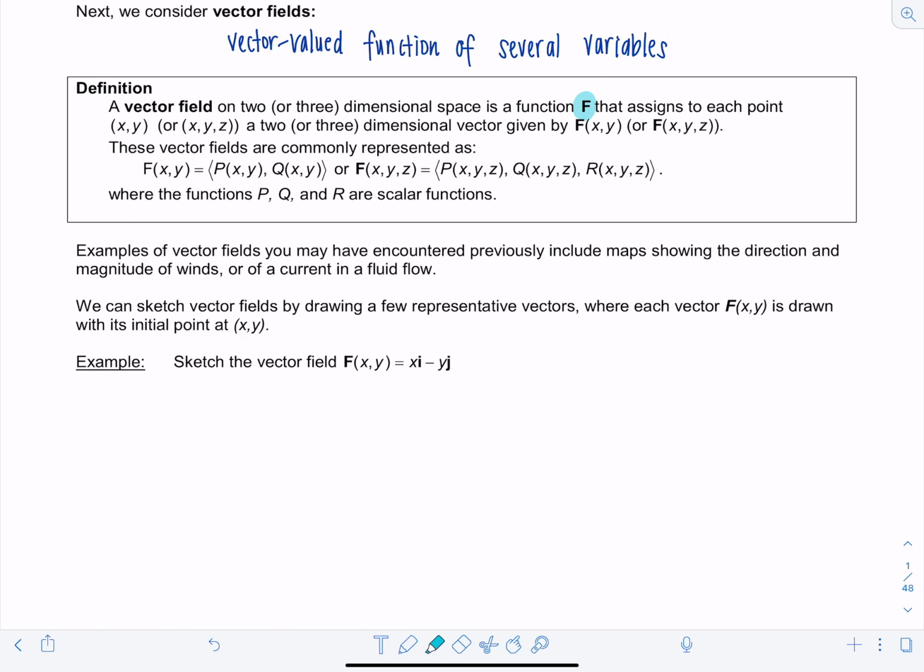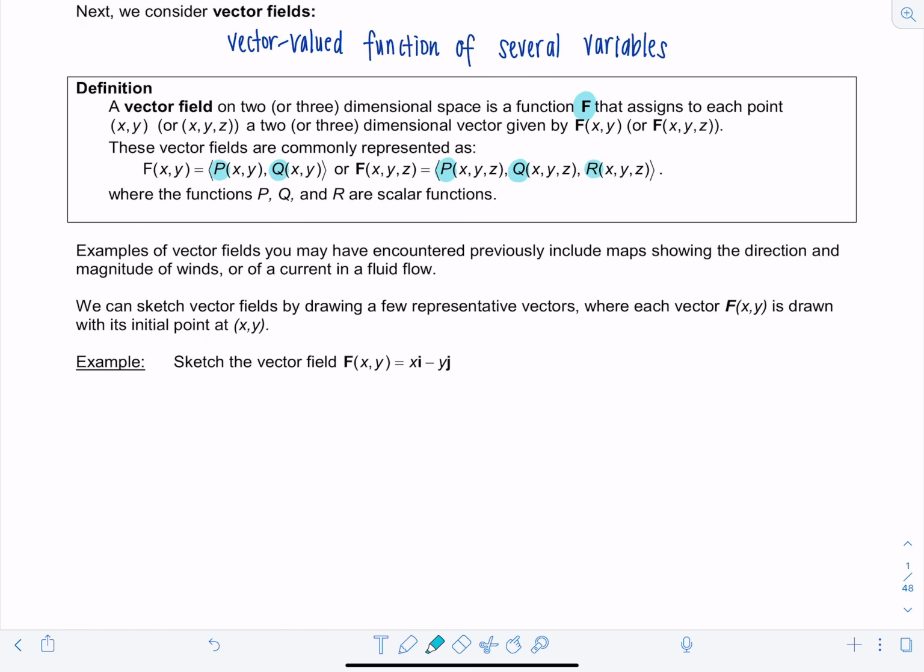And these vector fields are commonly represented in the following form. So each of the components themselves is a real valued function of several variables. So we can represent them with P of (x, y), Q of (x, y), or in the case of a 3-dimensional vector, P, Q, and R. Okay, where P, Q, and R are scalar functions.